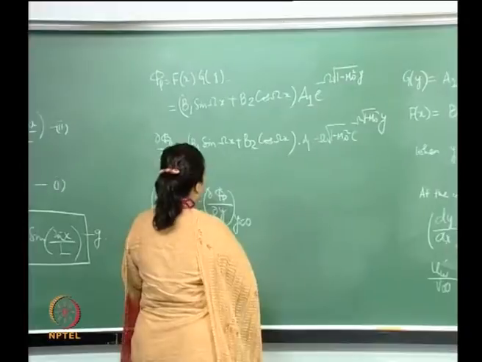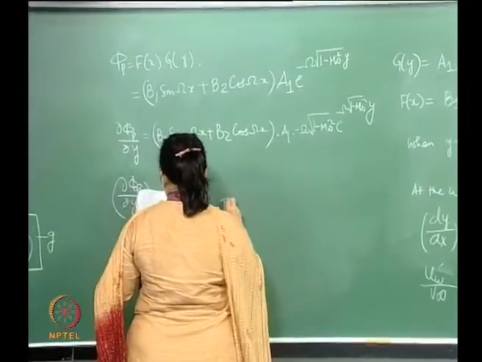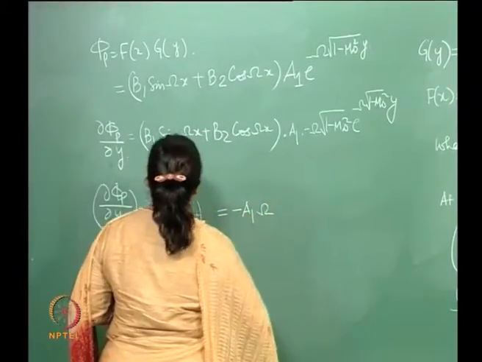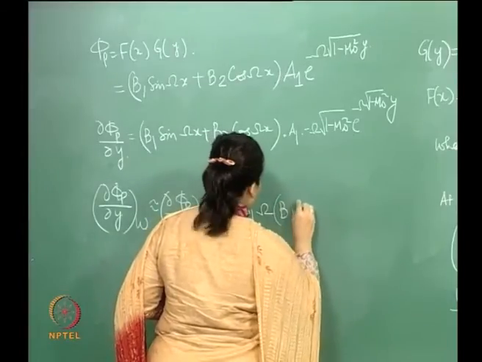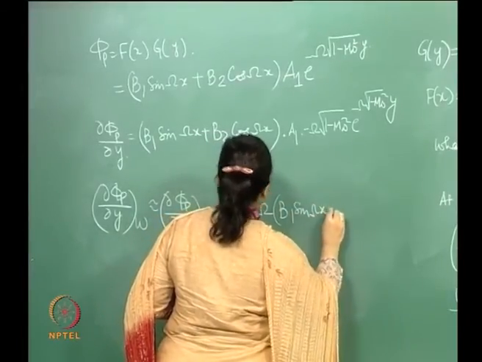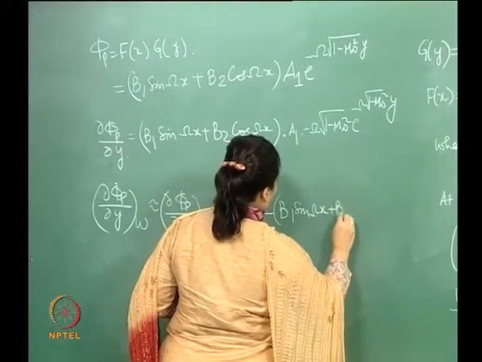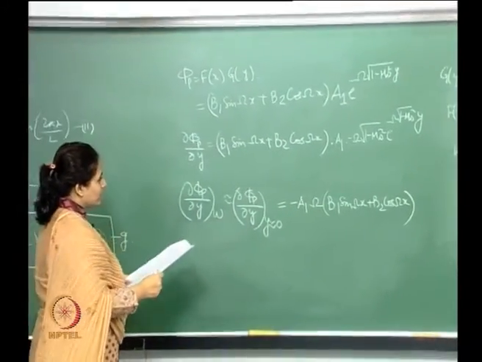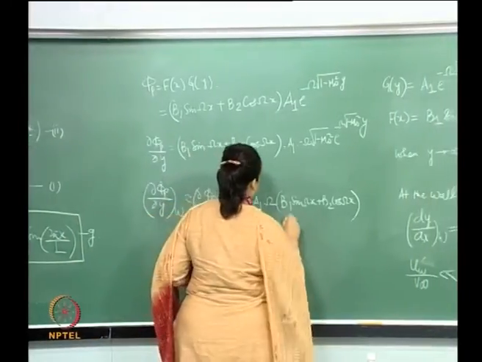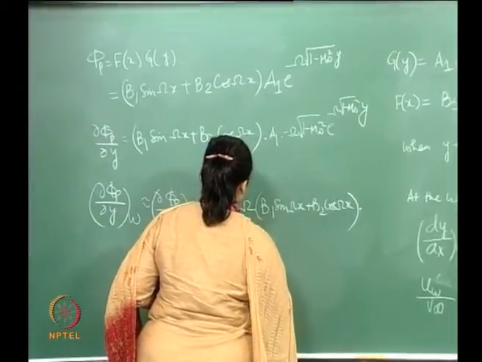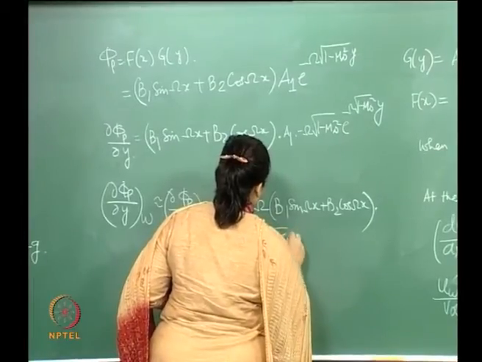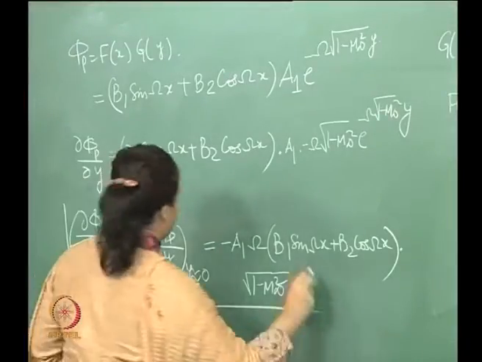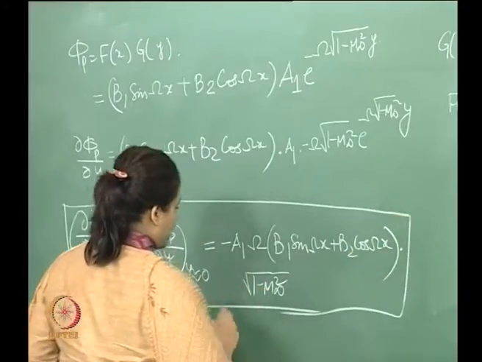So, if I do that, what do I get here? What I get from here is minus A1 into this. I think I missed out a factor, into this. Let us call this relationship I.